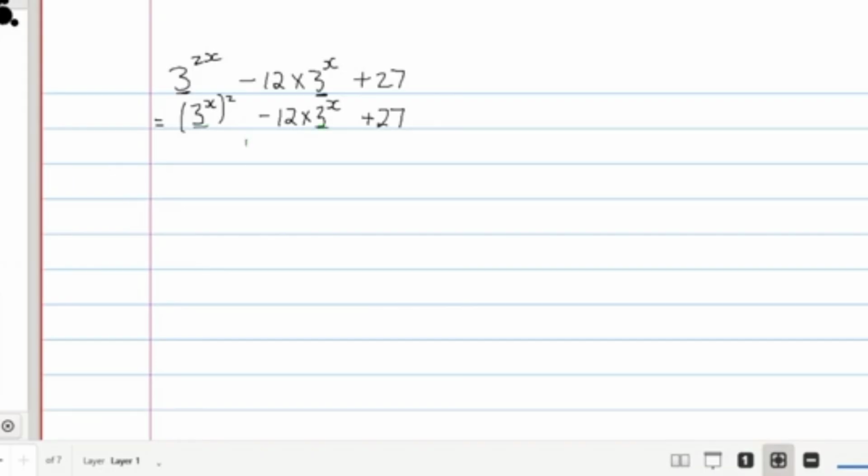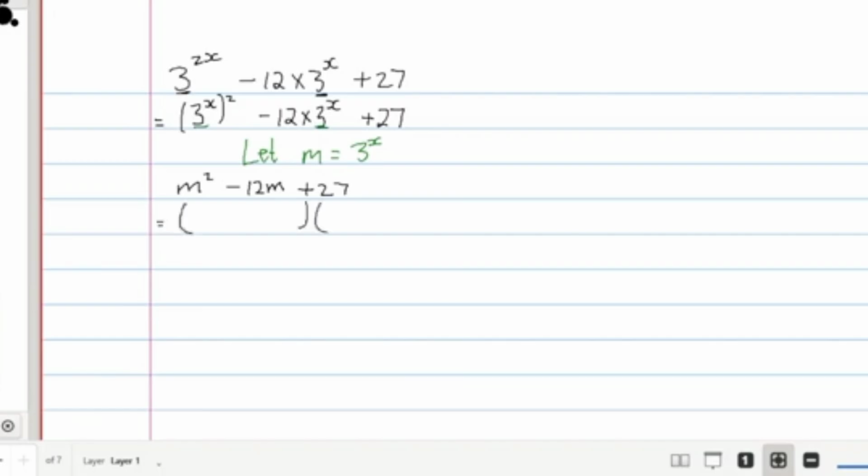Now you have same 3 to the power x. Now you can say let m, any number, be equal to 3 to the power x. So in place of 3 to the power x, you write m. So it's m squared minus 12m plus 27.